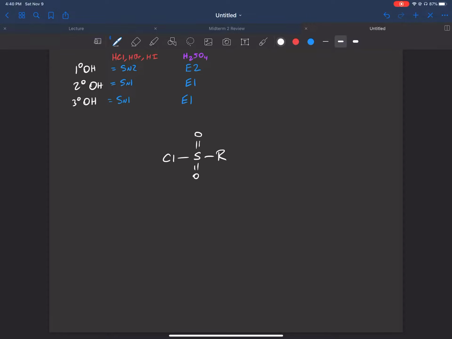And so what do these groups look like? Let's draw it again. So Cl, sulfur. A mesylate is going to be a methyl, CH3, and these structures should at least be on your index card. And a tosylate is going to look like this.